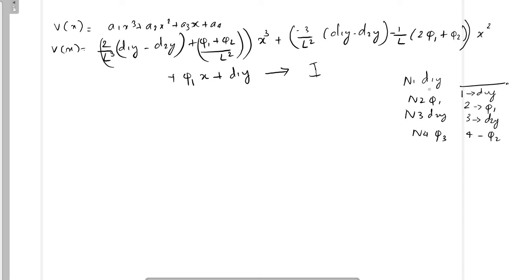So we have to assemble in such a way that v of x is equal to, I am going to split all the terms.